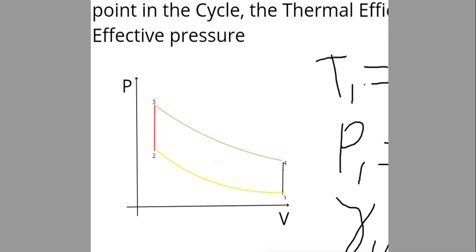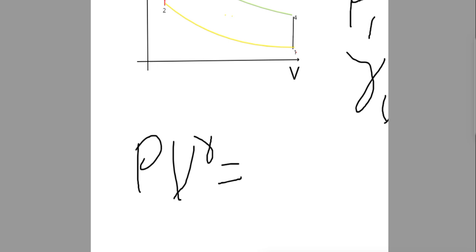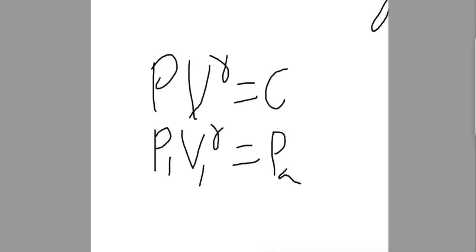So what we are going to be using is PV raised to power gamma is equal to a constant C. That is the formula we're going to use, and this formula entails that P1 V1 raised to power gamma is equal to P2 V2 raised to power gamma.